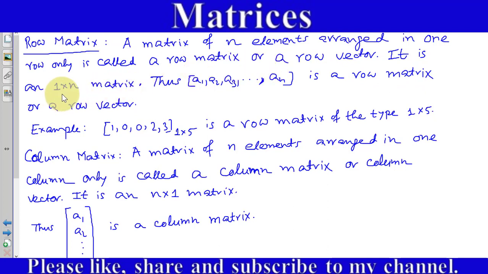It is a 1 by n matrix. Thus, A1, A2, A3, ... An is a row matrix or a row vector. Example: 1 0 0 2 3, this is a row matrix of the type 1 by 5.